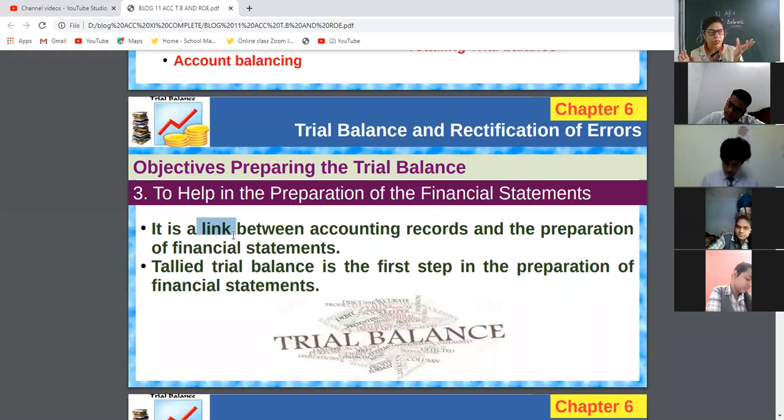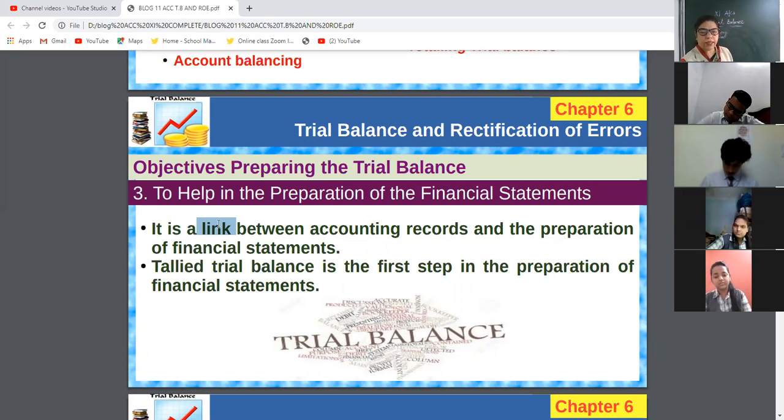Balance sheet shows us the value of assets and value of liabilities. Trading account shows us gross profit. Profit and loss account gives us net profit or net loss. And all these financial statements or final accounts are to be prepared with the help of trial balance only. That's why trial balance is the first step.